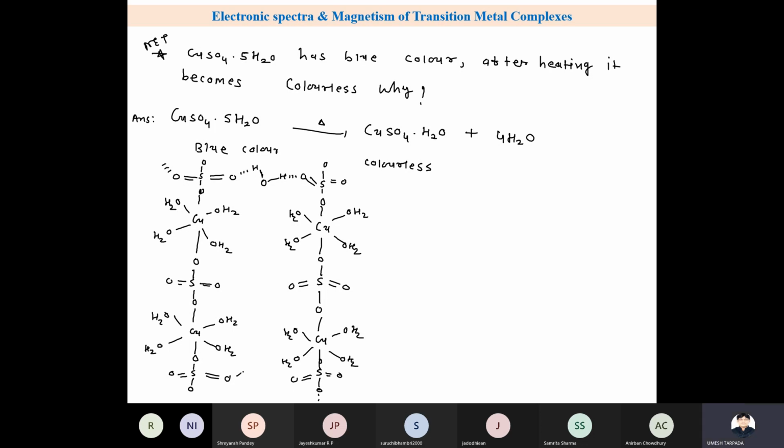One water molecule is over here, H, O, H. Another water molecule is over here, H, O, H. So this type of hydrogen bonding is there and copper is there in an octahedral state. This is just a square planar geometry.